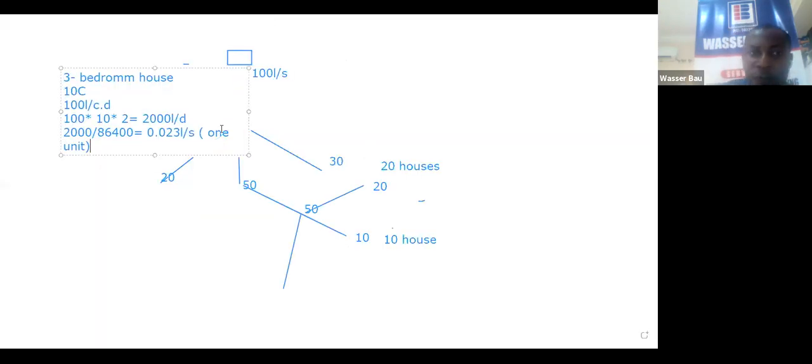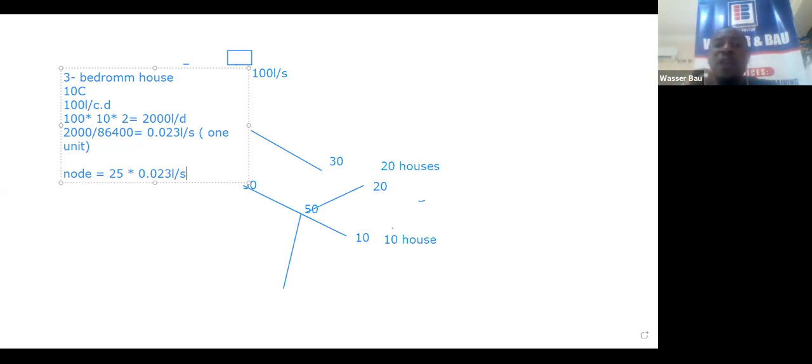So for node 13, the demand at that point will now be 25 houses multiplied by the value for one house. And we have calculated the value for one house to be 0.023 liters per second. What it means is that for people to have water all around the day, there must be a flow of 0.023 liters per second flowing into each house every second.